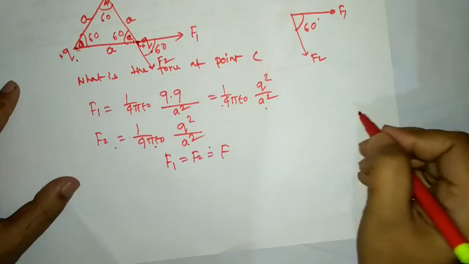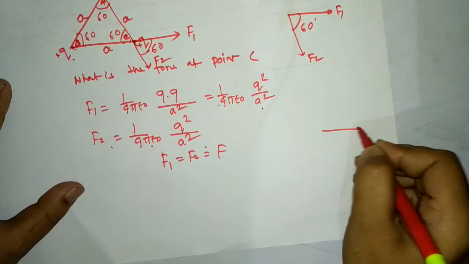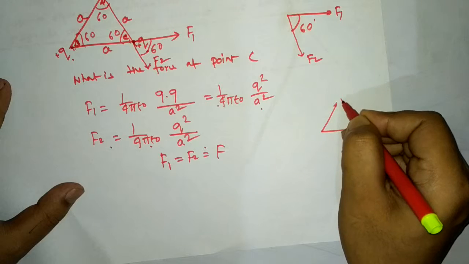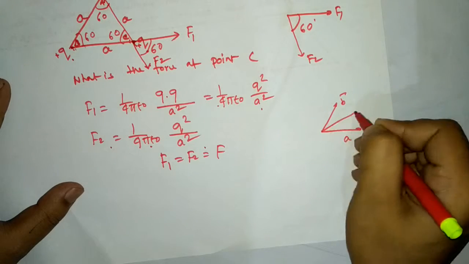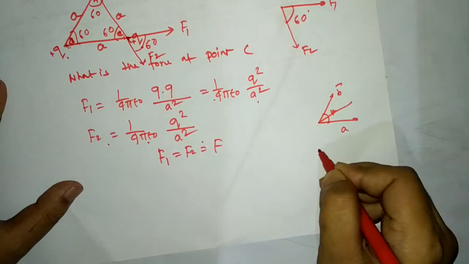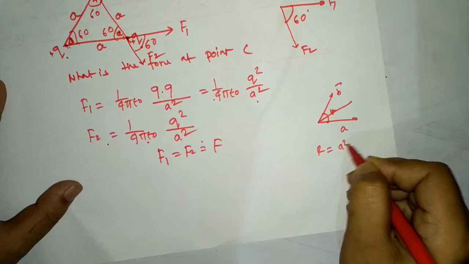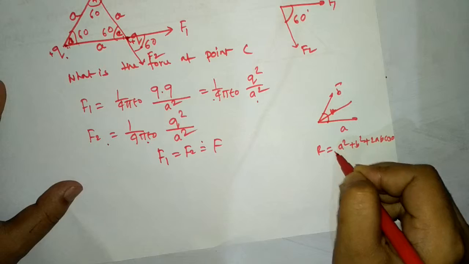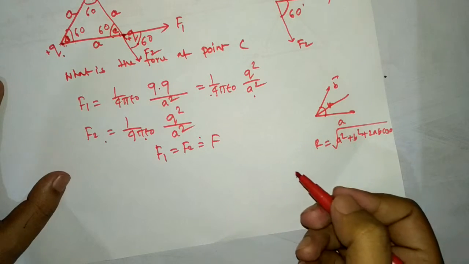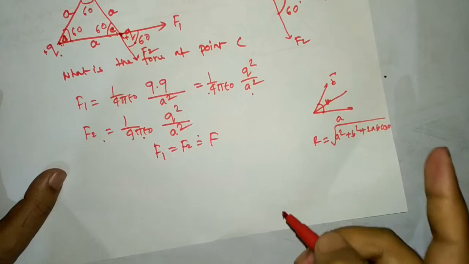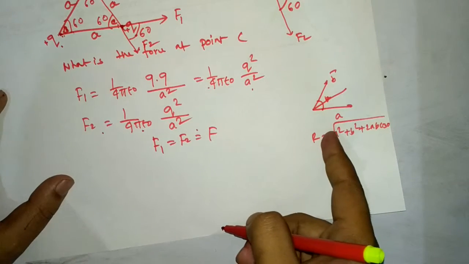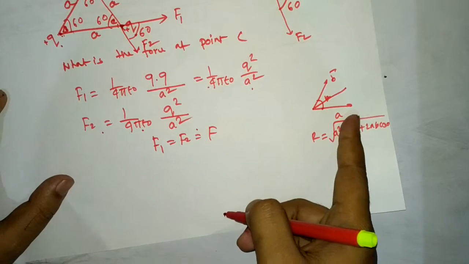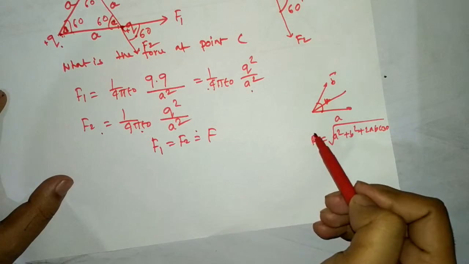If there are two vectors, one vector is A, another vector is B, and the angle is theta, the resultant R equals root of A square plus B square plus 2AB cos theta. Obviously the two vectors are diverging vectors from a point, not converging, and the angle between them is theta.